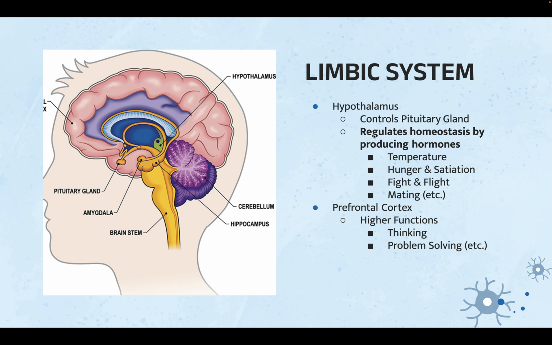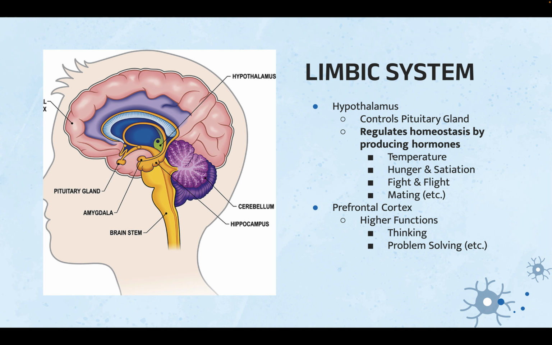And by that, it regulates homeostasis. Homeostasis refers to your body's natural state of balance, and the body is always trying to regulate it. Like if it's too hot outside, well, you sweat. Sweat helps cool you down, and so on.